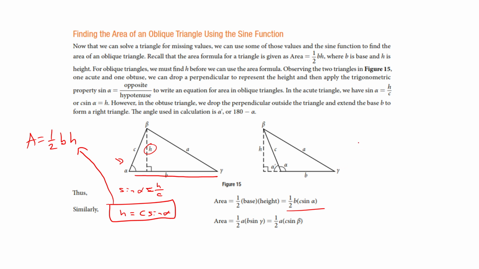What I did was I started with this one, 1/2 base sine, or c sine of alpha, and I used the law of sines. I know that sine of alpha over A is equal to the sine of gamma over C. Isn't that what the law of sines says?